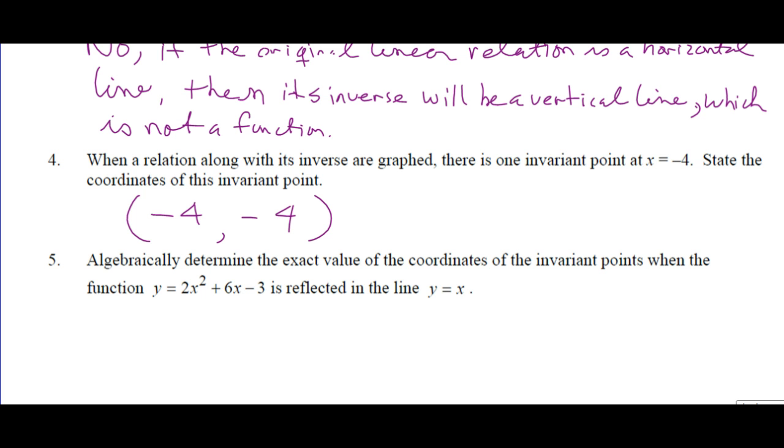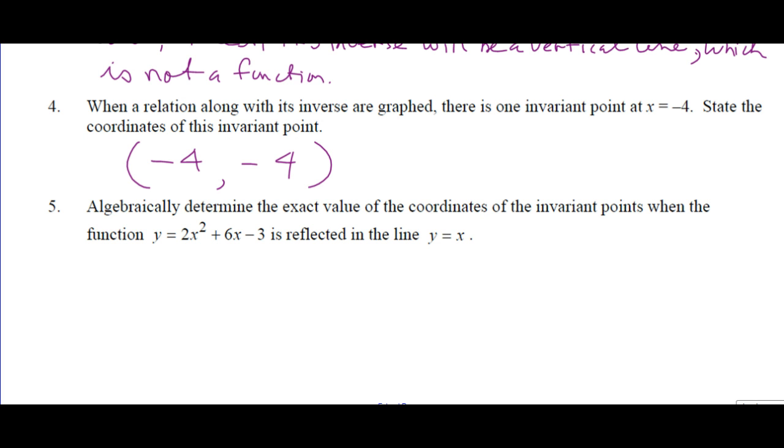Algebraically, determine the exact value of the coordinates of the invariant points when y equals 2x squared plus 6x minus 3 is reflected in the line y equals x. Since the invariant point is on the line y equals x, this is a common type of question.